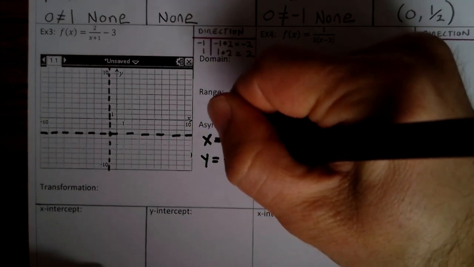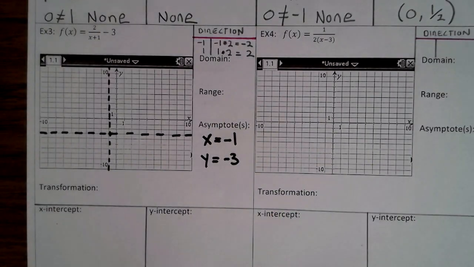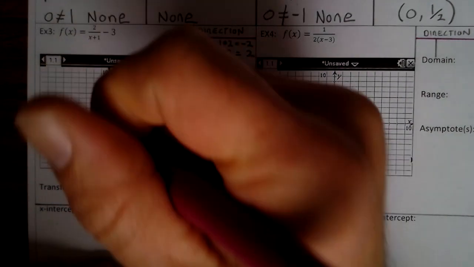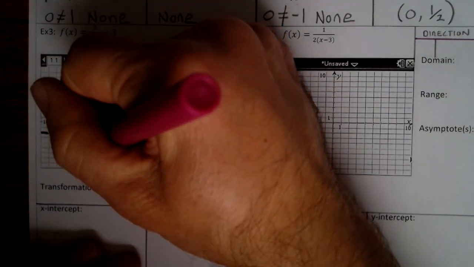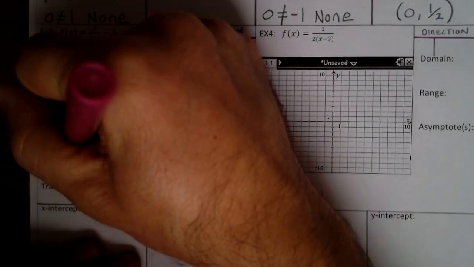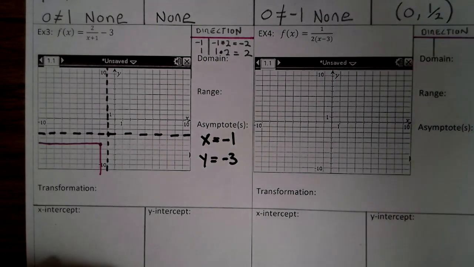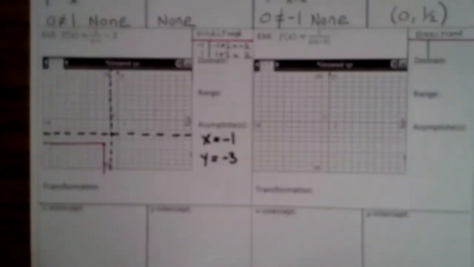Now to graph, remember the center of the asymptote, so we go left 1, down 2, and there's this curve. And then we go to the right 1, up 2, and then there's this curve.